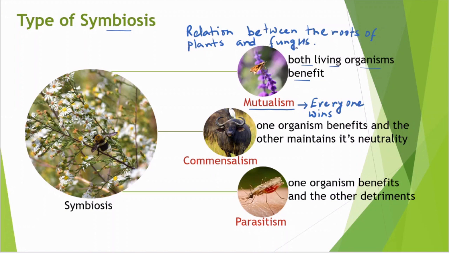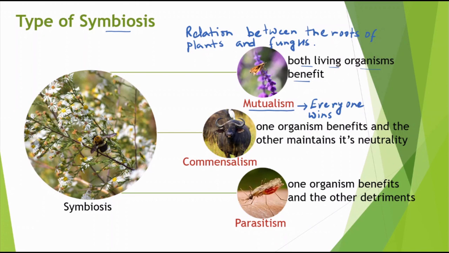The fungus is getting carbohydrates, whereas the plant benefits from the fungus' higher water and mineral absorption capacities.